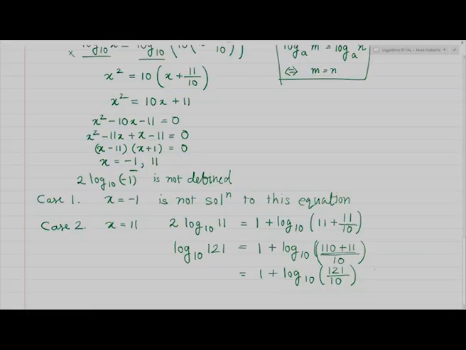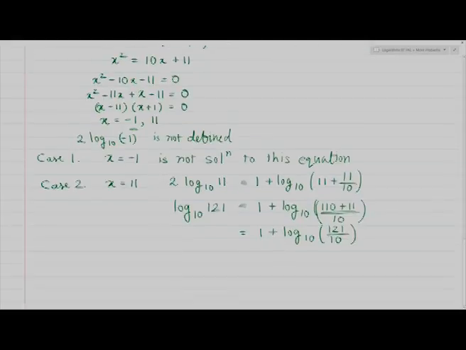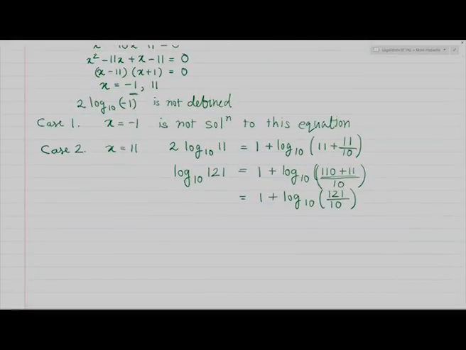But this is nothing but of the form m by n. Therefore, I can use the division rule or division law or quotient law we call, is equal to 1 plus log to the base 10 of 121 minus log to the base 10 of 10.